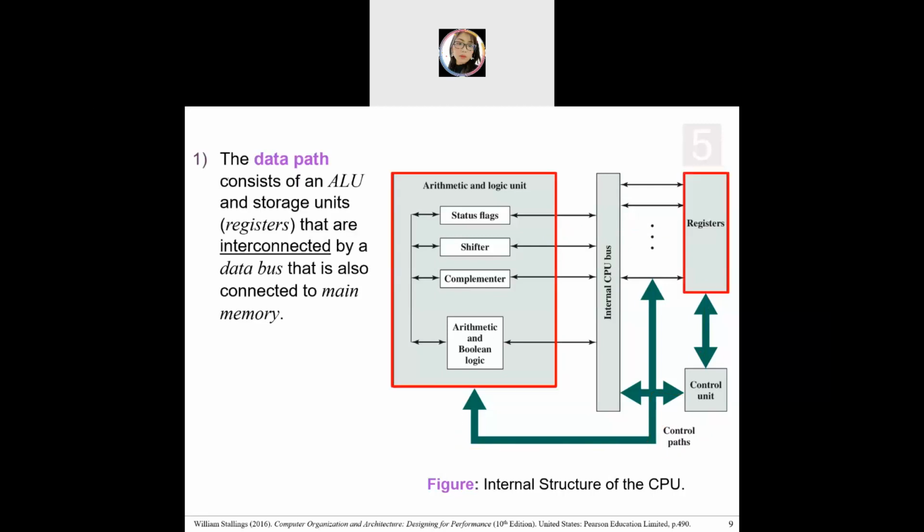So the data path consists of the ALU and the storage unit register. This and this we call the data path, which are interconnected by a data bus that is also connected to your main memory.